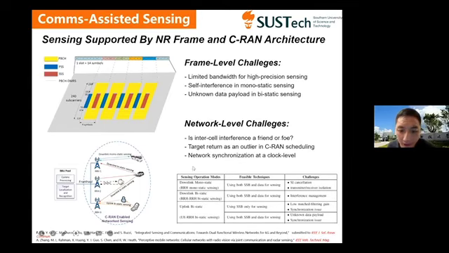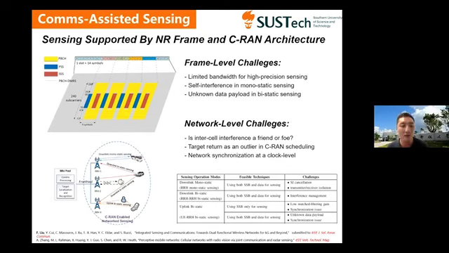And finally, there's a problem on network synchronization because in this network, if we want to do network sensing, we need all the sensing transceivers to be synchronized at a clock level. So like I said, if the synchronization error is up to, let's see, 10 nanoseconds, this can be translated to ranging errors of several meters.